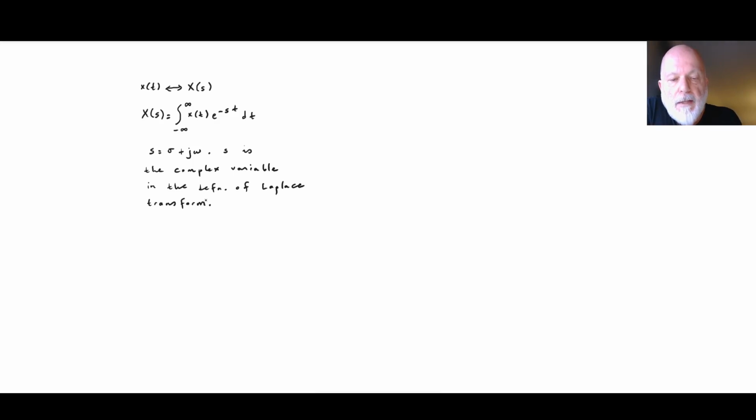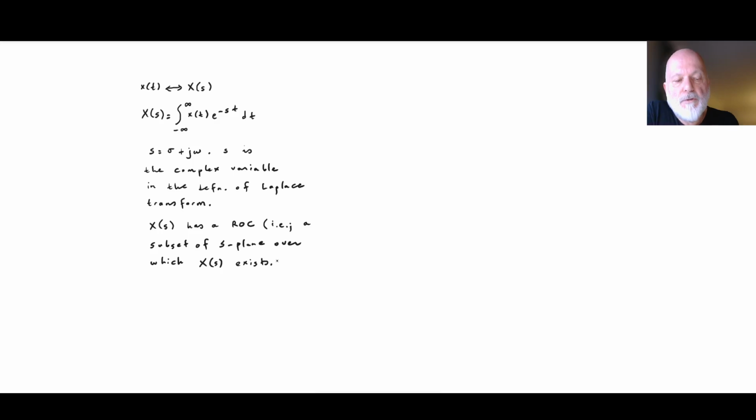So, X of s has a region of convergence that is a subset of the S-plane over which X of s exists. This is the definition of the region of convergence.